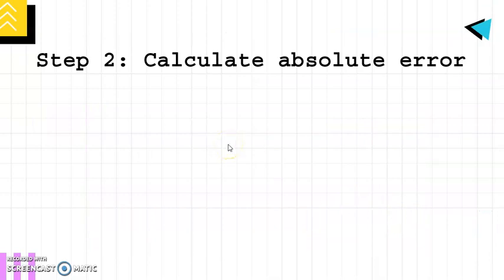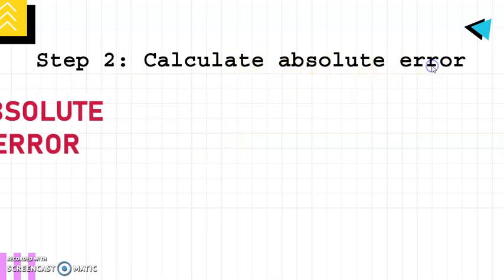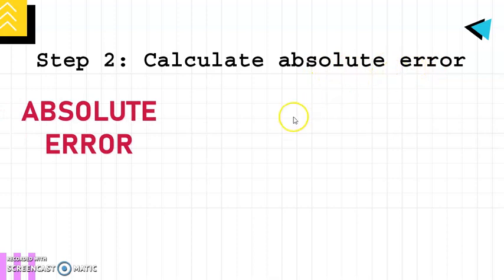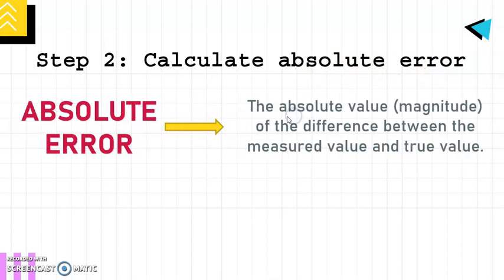So once you identify the unit of measure, you need to calculate the absolute error. But first, what is absolute error? Absolute error is the absolute value of the difference between the measured value and the true value. So how do you calculate this?